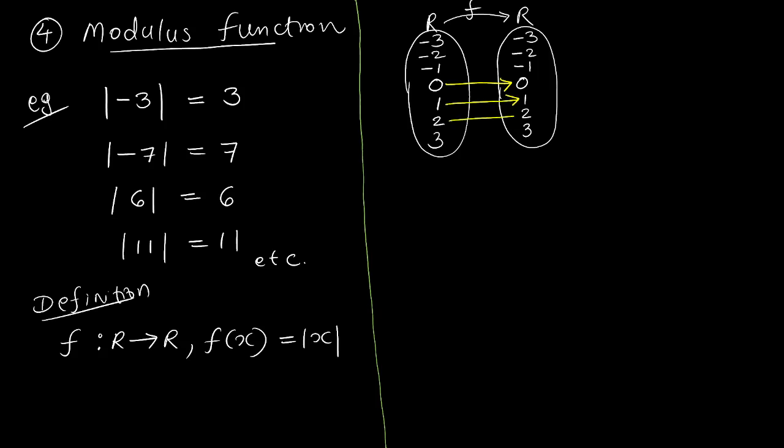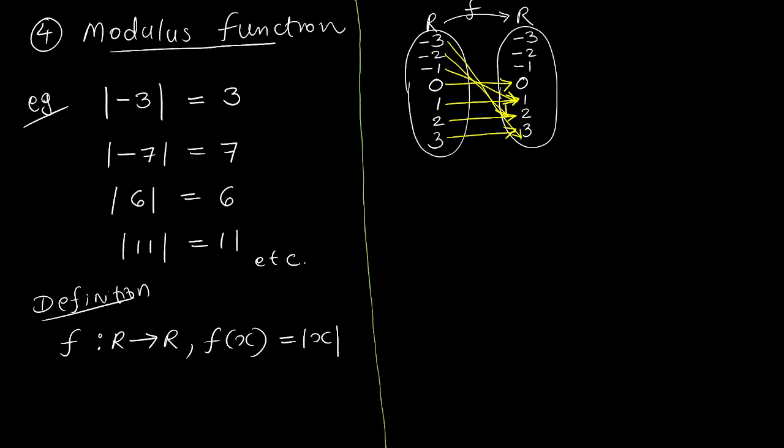Mod 2 is 2. Mod 3 is 3, like that. But mod minus 1? The negative sign is to be removed. Mod minus 1 is 1. Mod minus 2 is 2. Mod minus 3 is 3, like that.